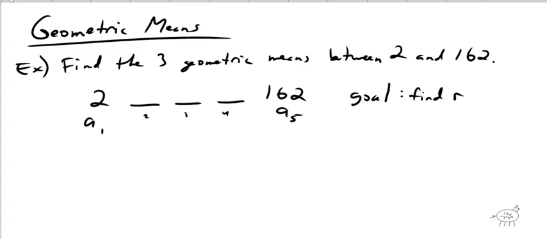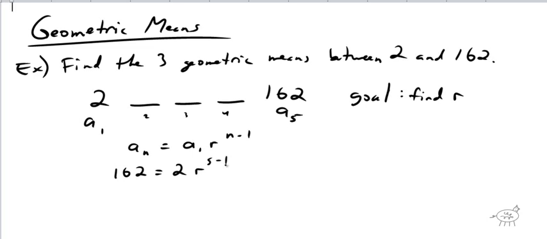Okay, so let's use our friendly formula. a sub n equals a sub 1 times r to the n minus 1. All right, and so a sub n is going to be a sub 5, so it's 162 equals a sub 1, which is 2, times r, which we're looking for, to the 5 minus 1.